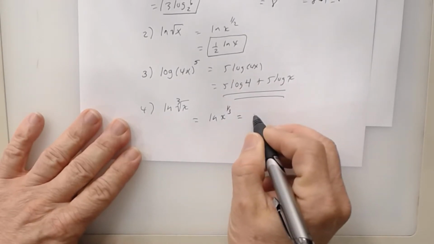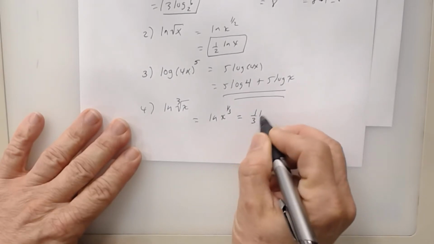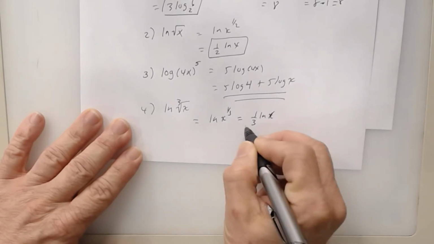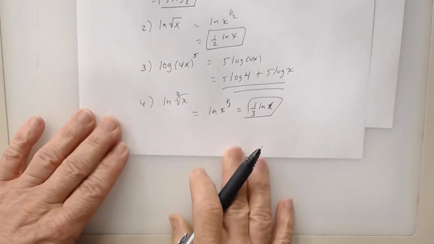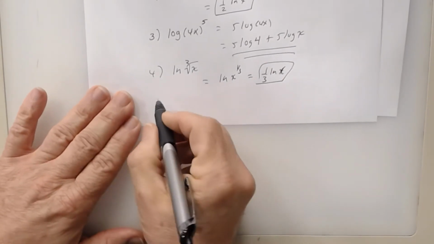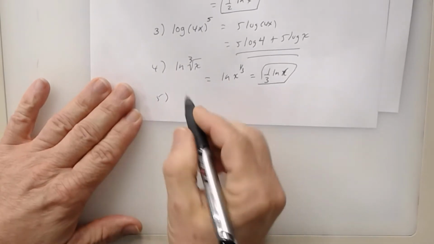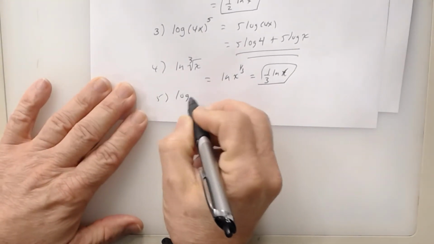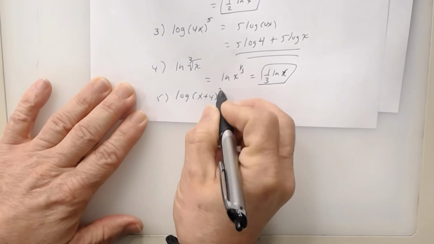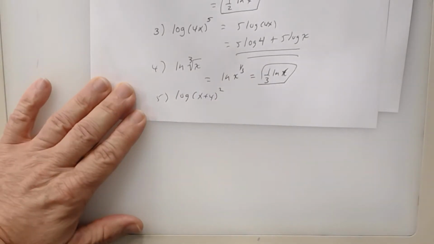So therefore, what's the answer? 1/3 ln x. Okay, number 5. If you had log of (x plus 4) squared, that is 2 log of (x plus 4).